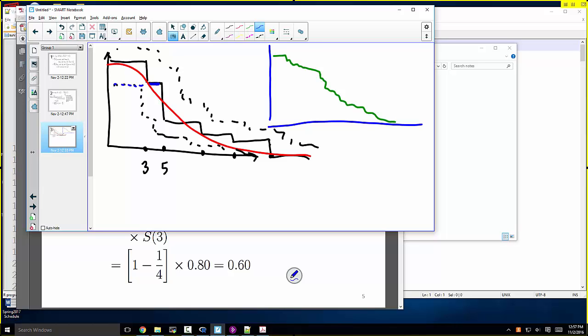It's the step function just before time 5. Another way to say that is the estimated survival probability at time 3. Our estimated probability of surviving up to time 5 is the estimated survival probability just before time 5.